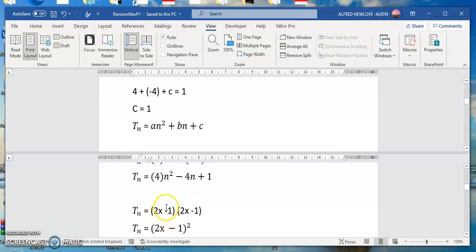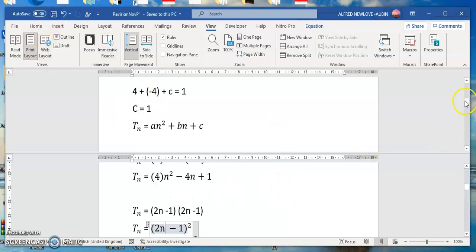If I expand this, I'm going to get 4n. Let's put n there. This side will also be n. This side will also be what? N. Okay.